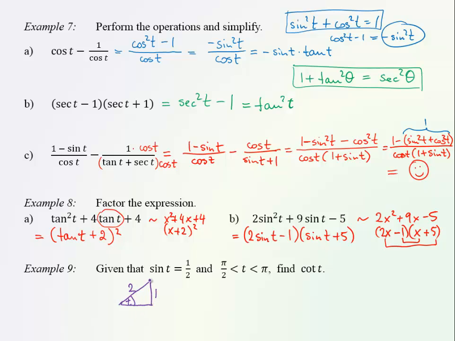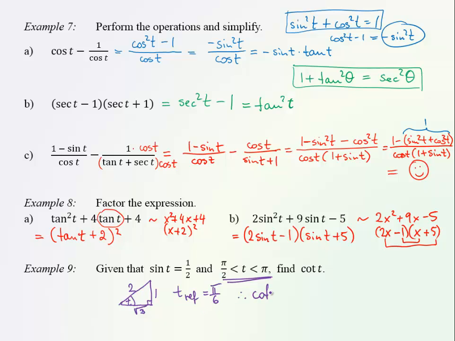Oh, that looks like a familiar pattern. Right angle 1, 2, and this must be root 3. But that works for t that is actually a reference angle from the first quadrant. Our t is from the second quadrant. So we know that t reference from this triangle is pi over 6. T reference is pi over 6.